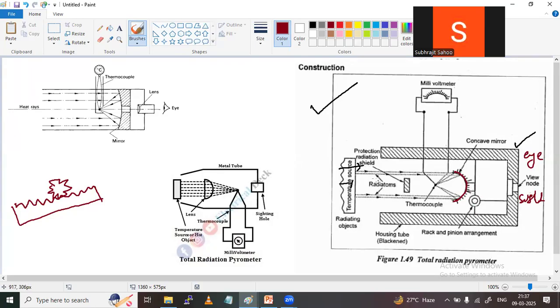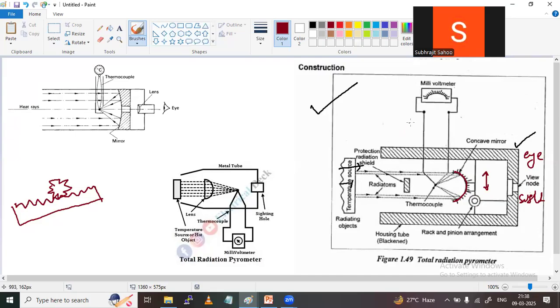Based on the radiation direction, we can adjust it top to bottom. Where the maximum radiation is coming in, we can adjust the lens by operating this rack and pinion.